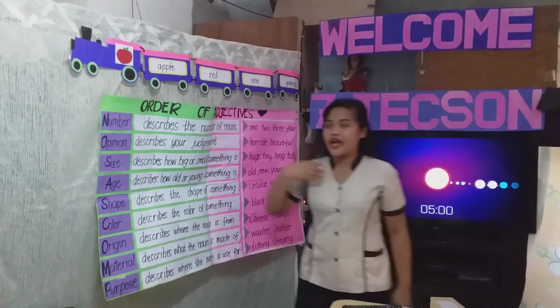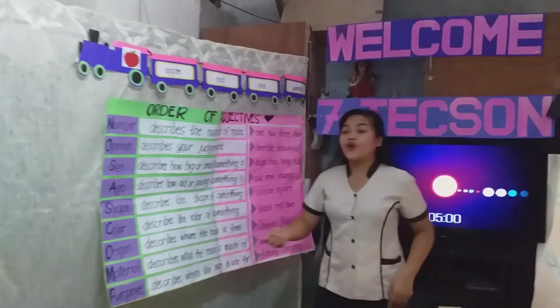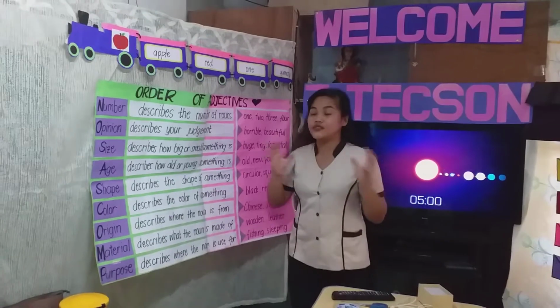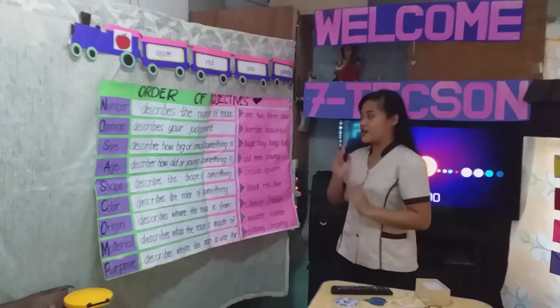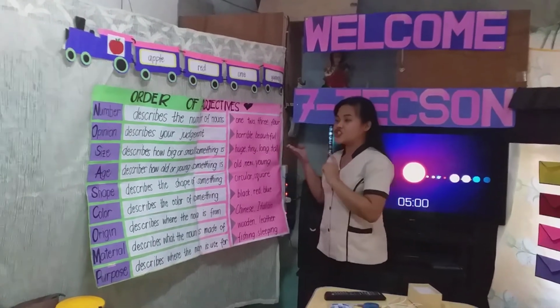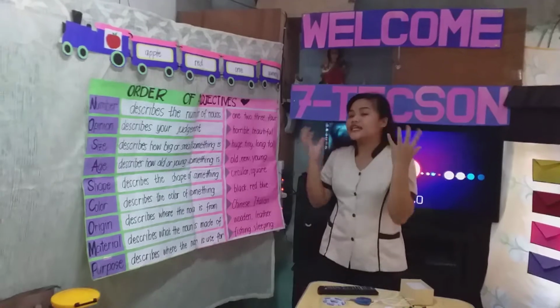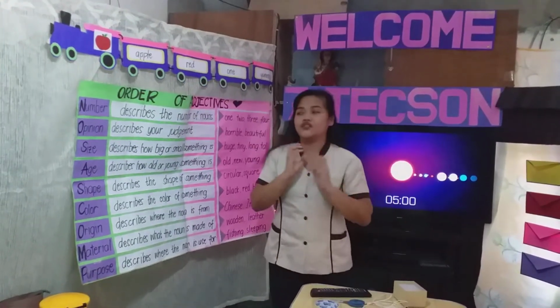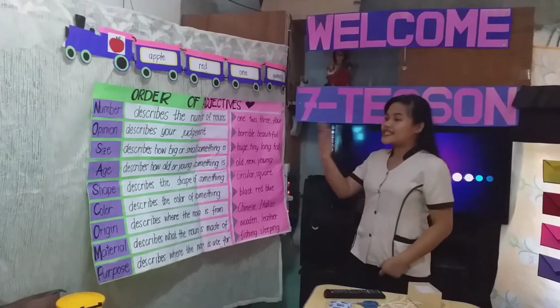Next we have size. When we say size, it describes how big or small something is. For example, huge, tiny, long, and tall. Next, age.